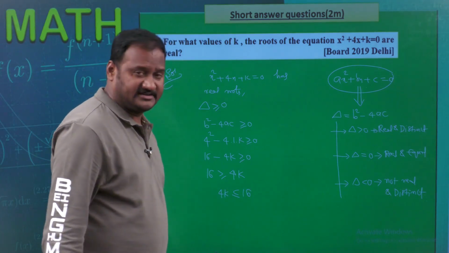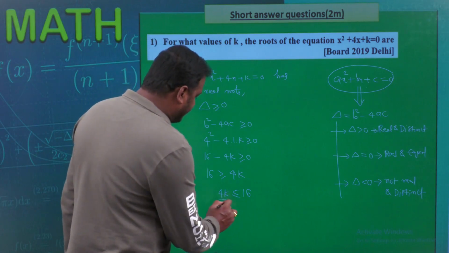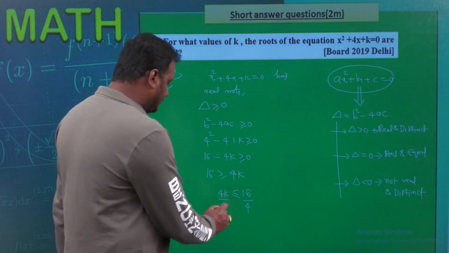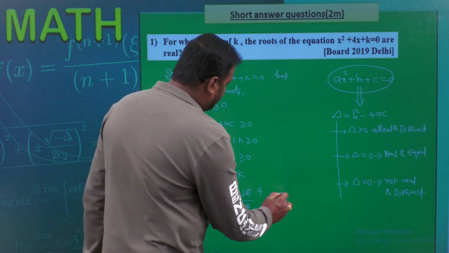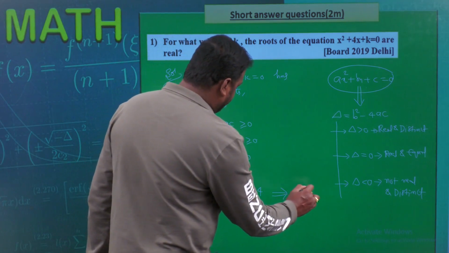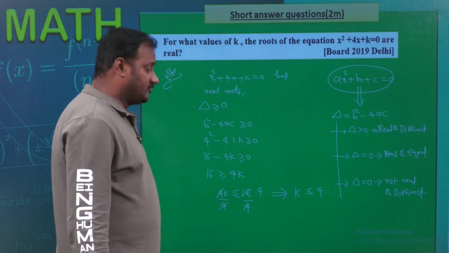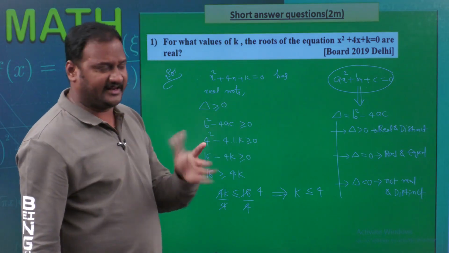We want k, right? Since 4 is a positive number, we can divide both sides of the inequality by 4. So 4 ones are 4, 4 fours are 16. Finally, we get the value of k less than or equal to 4. So k is less than or equal to 4 means the values of k are 4 or below 4, it can be anything.